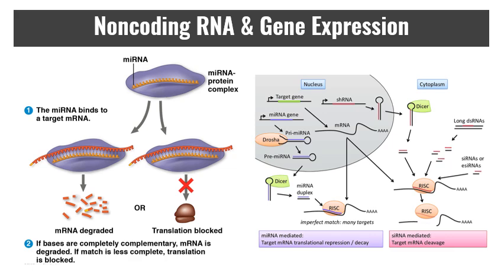Both are processed by a dicer enzyme and loaded into the RISC, or the RNA-induced silencing complex. And by binding with the mRNA, it degrades the mRNA or aborts the gene expression. So basically, this is putting a pause or a destroy on an mRNA and regulating what it's producing. So if I have an mRNA that's not doing the proper thing, or if it's producing something that I no longer need, then I can interfere with it using RNA.